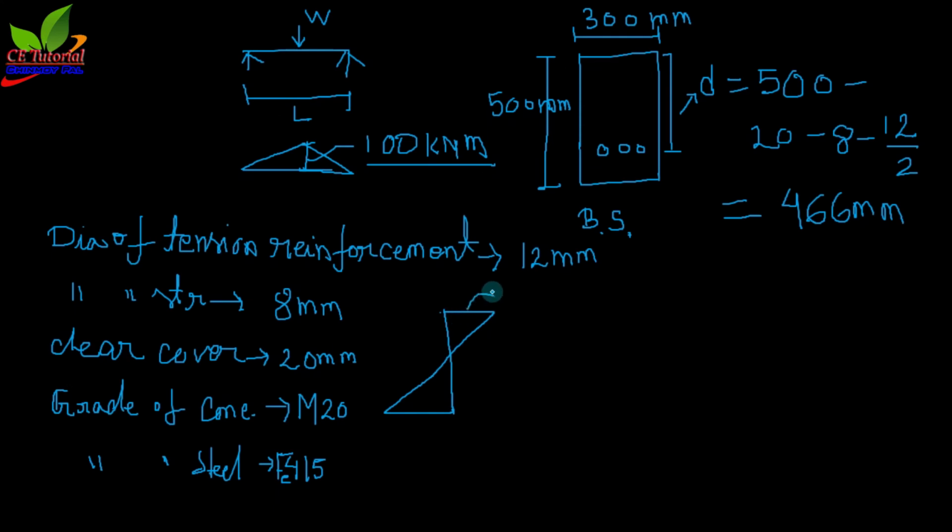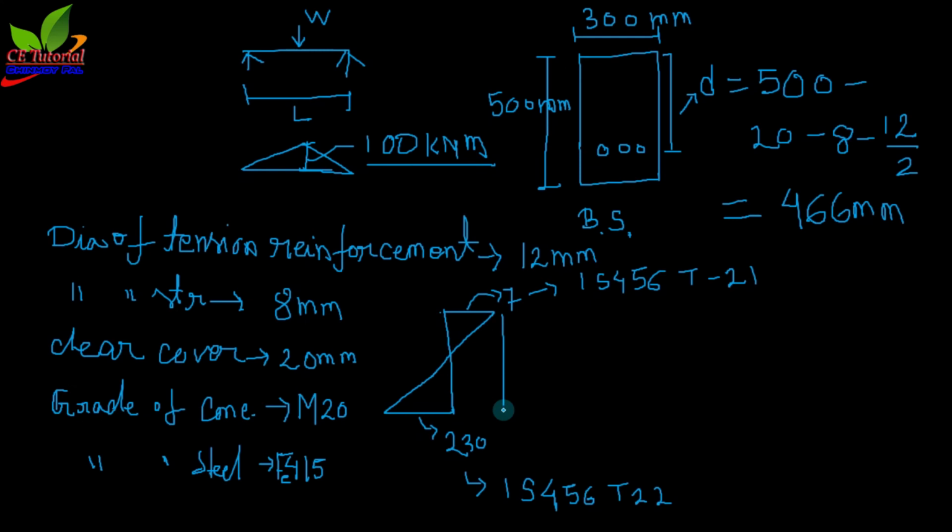Now this value is 7, this value is 230. You know that this is coming from IS 456 table 21, and this is coming from IS 456 table 22.